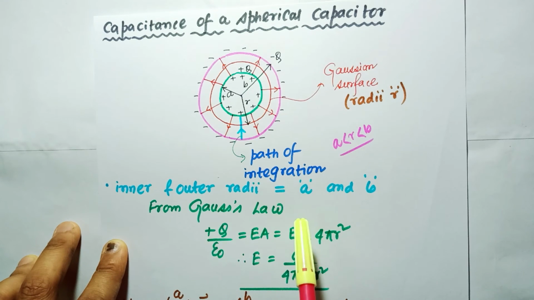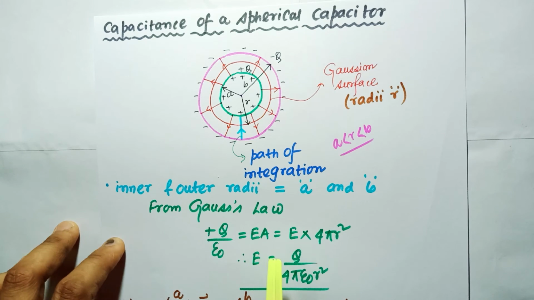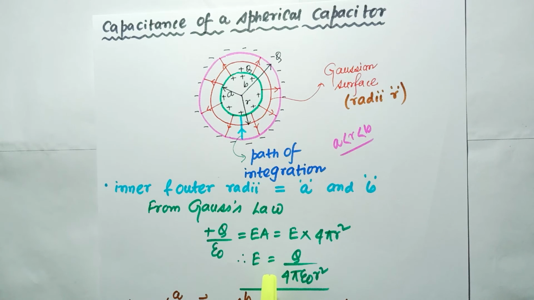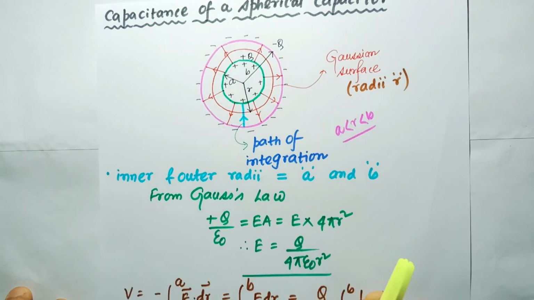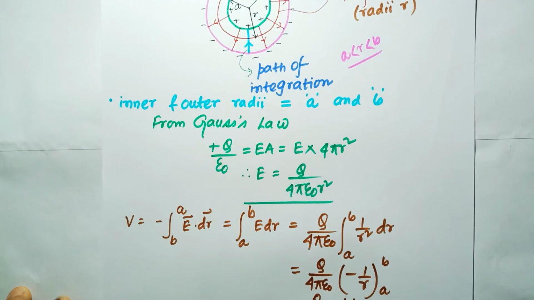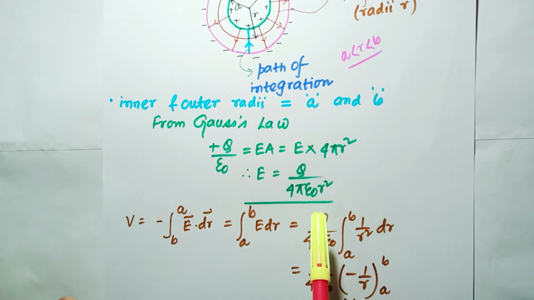So plus q divided by epsilon naught is equal to E times A, where A is the surface area of the Gaussian surface, which is 4 pi r square. So the magnitude of the electric field is E equal to Q by 4 pi epsilon naught r square.